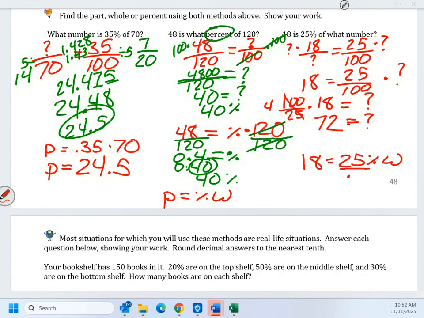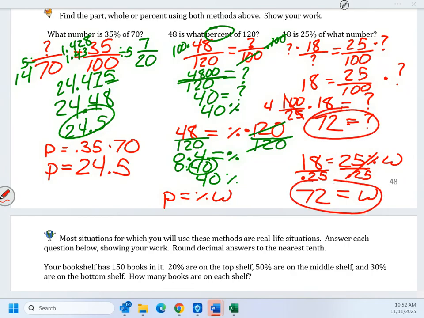So I'm going to divide by 0.25. 25% is 0.25, right? 0.25 divided by 0.25 cancels out. That's 1. What is 18 divided by 0.25, Laura? So I get the same answer.